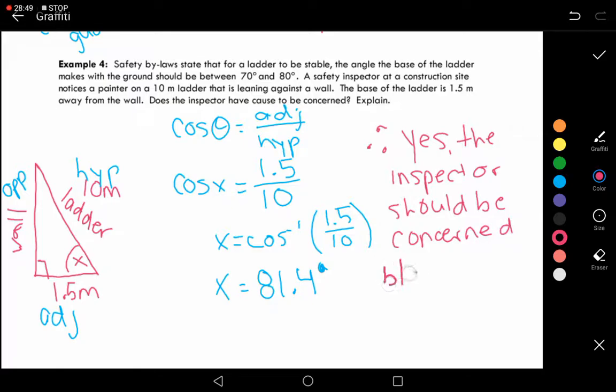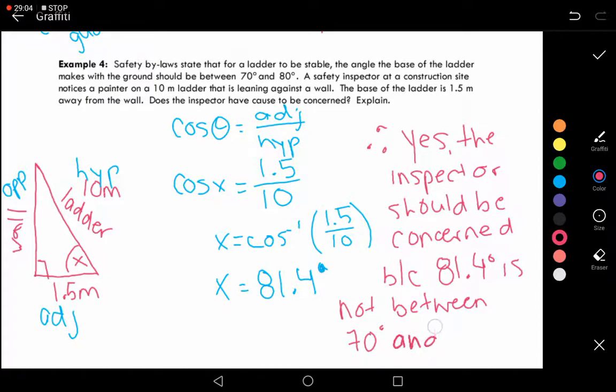And we're just going to say because 81.4 degrees is not between 70 degrees and 80 degrees.